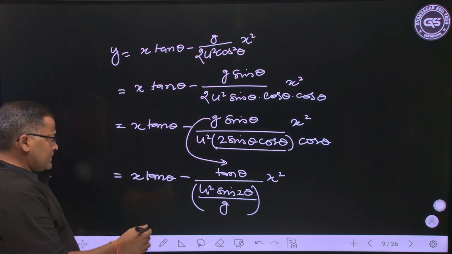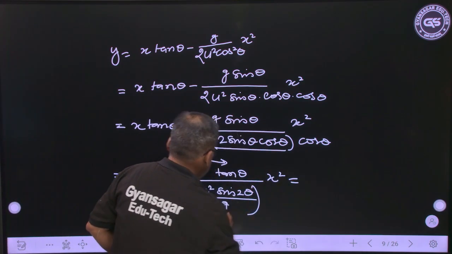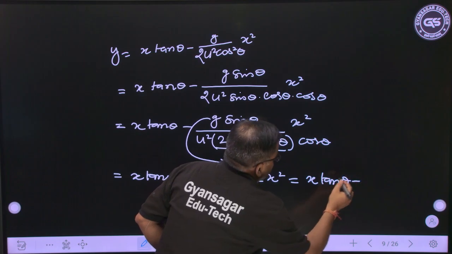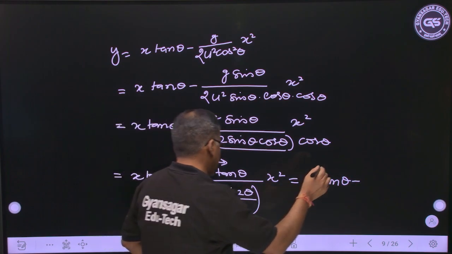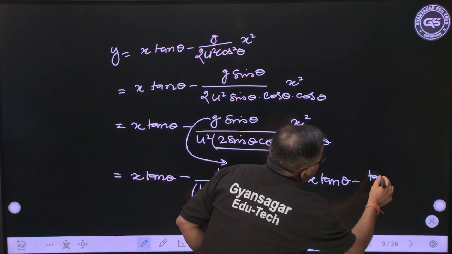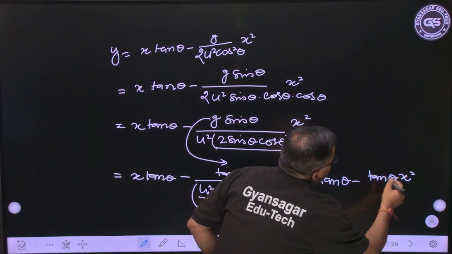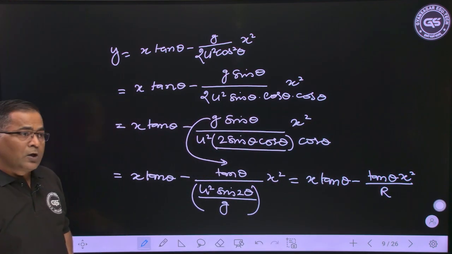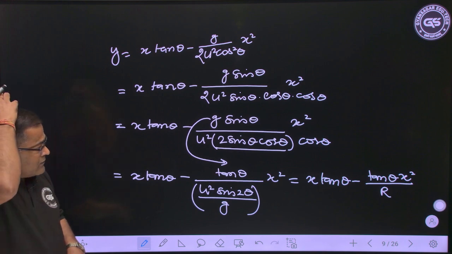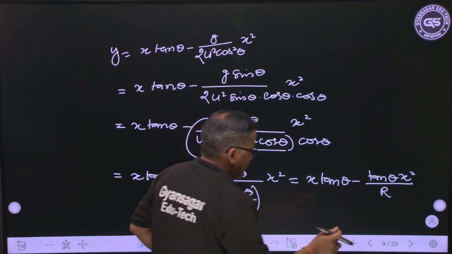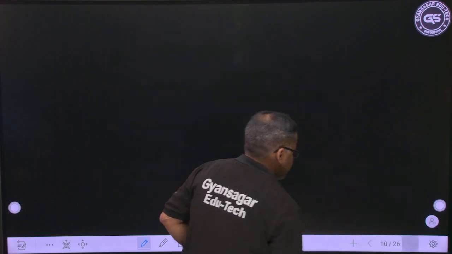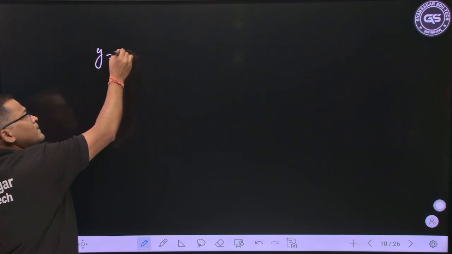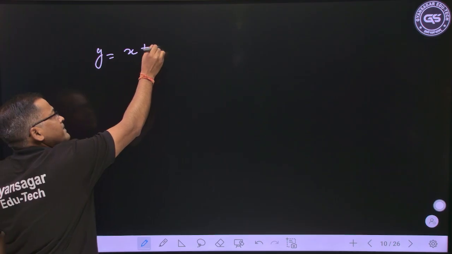So from here it becomes x tan theta minus tan theta x square by r. So now this equation can be further rearranged. So y equal to x tan theta.